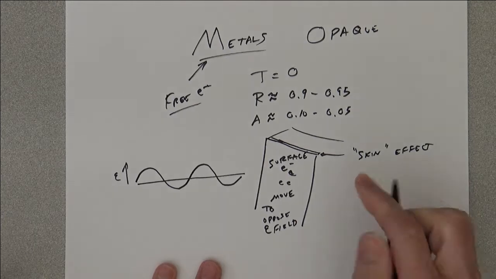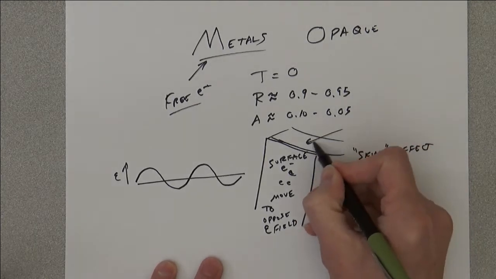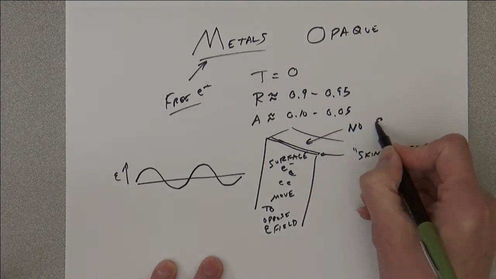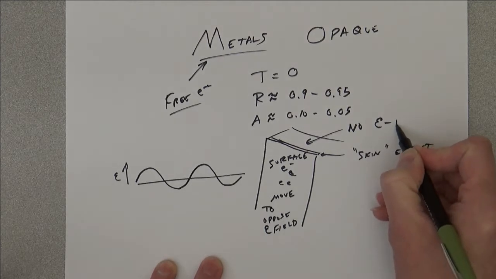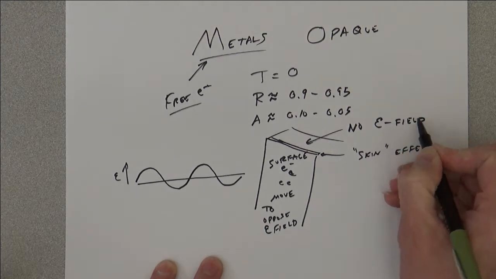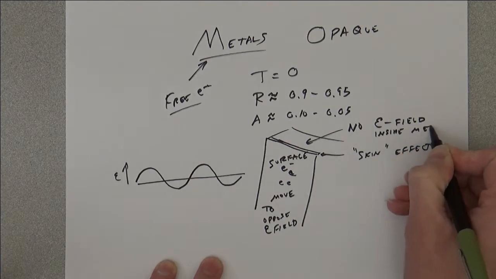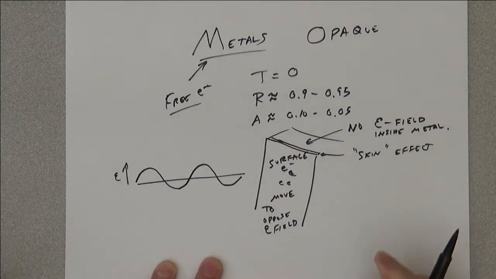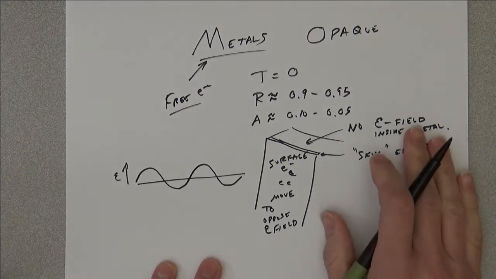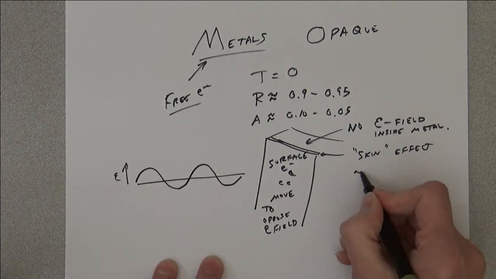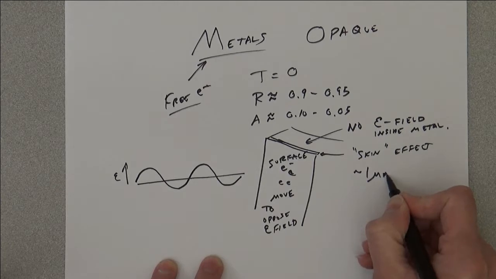And as a result, there will be no electrical field inside true metals. The skin is typically around 1 micron.